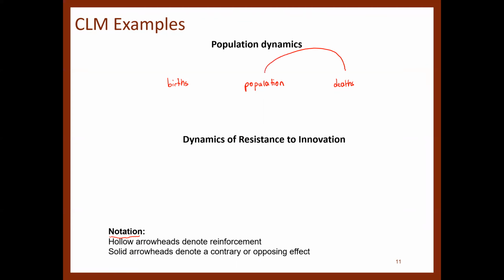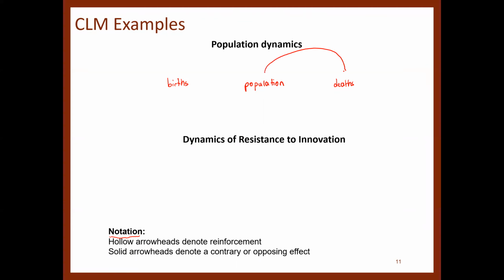Population reinforces death, meaning that population going up or down will have an impact of going up or down in terms of deaths. But we know that deaths have a negative effect on the population, meaning that deaths will decrease the number of citizens or the population in the world, for instance.